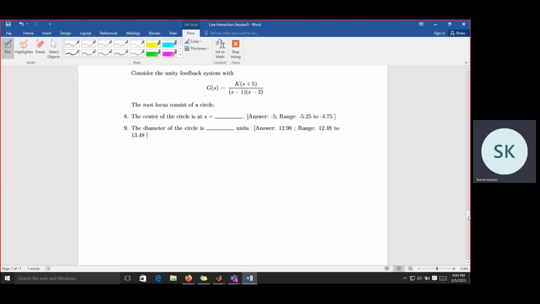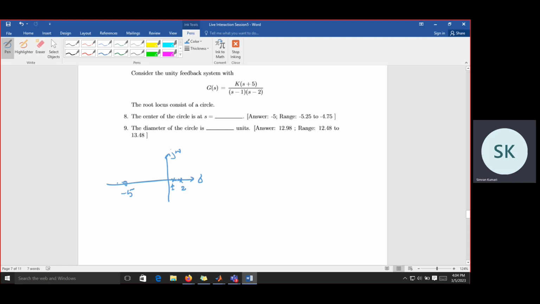So first, let us see if this consists of a circle. So we have this sigma j omega and 2 poles, 1 and 2. There's 1 zero, which is minus 5.